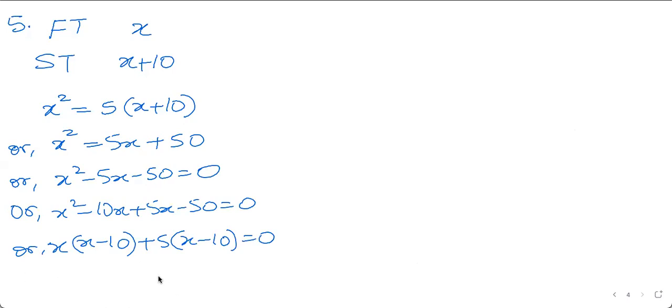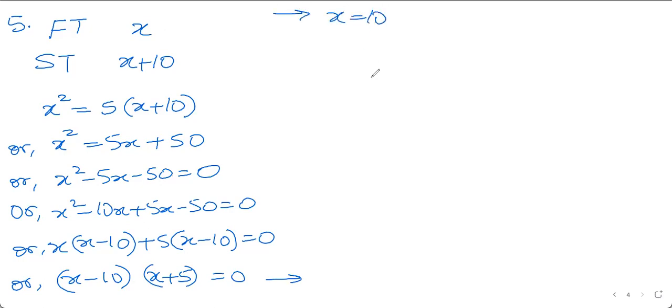If we continue with this, then we have x minus 10 common and x plus 5 equals 0. From here, we will say either x minus 10 is 0. So if x minus 10 is 0, our x will be 10. And if x plus 5 is 0, x will be minus 5.